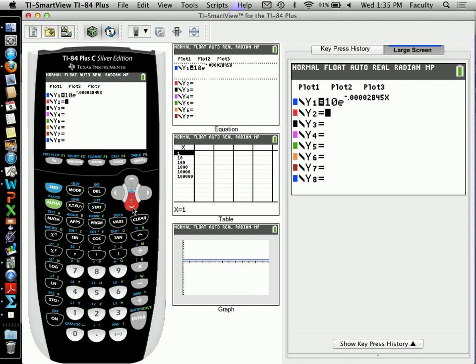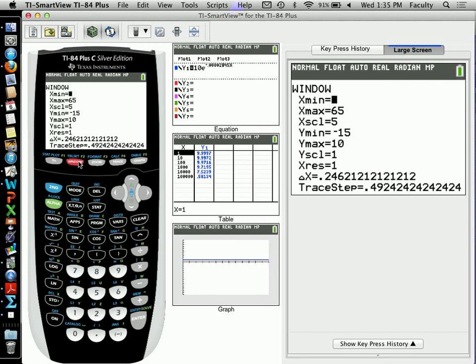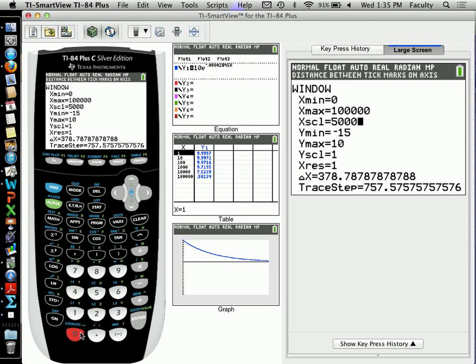Alright, now they want us to graph it from t equals 0 to t equals 100,000. So we're going to make it 0 to 100,000. Well, we don't want to go by ones. That would be really crazy. So let's go by, let's say, maybe 5,000. That's not the only way to go.